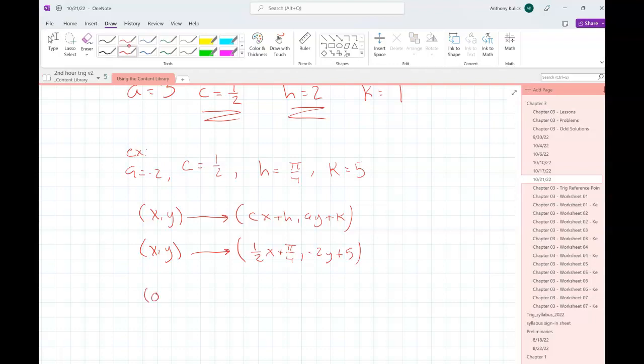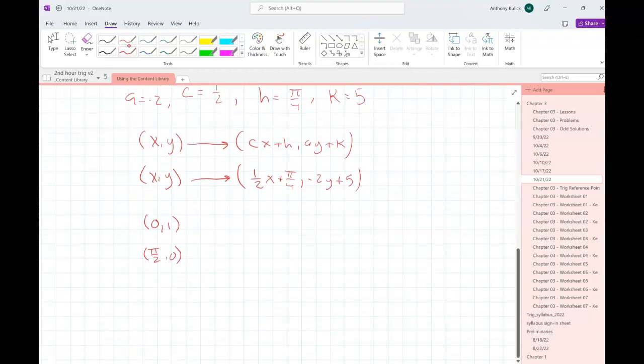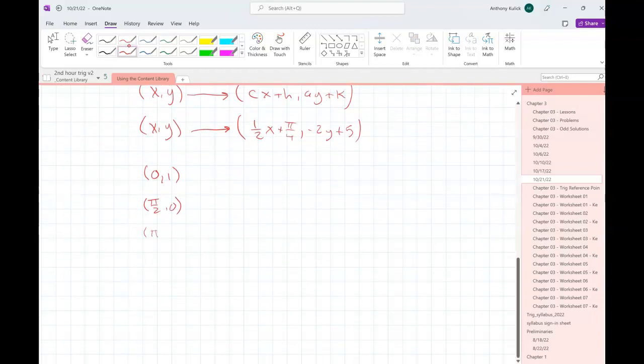Once you've done that, you'll take that and you'll use your key points that Mr. Kulik will provide. And you'll transform those using that map that we just made. Okay? So what am I going to do here? I'm going to take the x and plug it in.